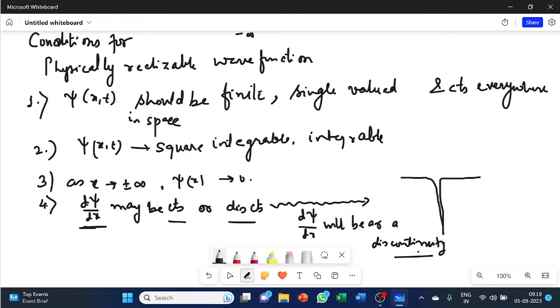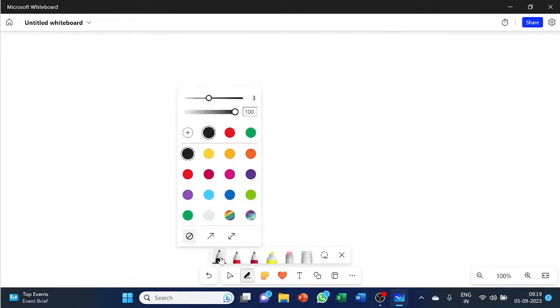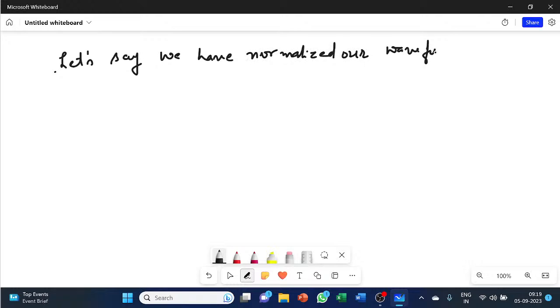Okay, all these things are something that everybody has probably done till the BSc section, which is why I was just trying to revise them for you. One important thing that I want to stress, and then probably we'll end this lecture: let us say we have normalized our wave function at t equal to 0.